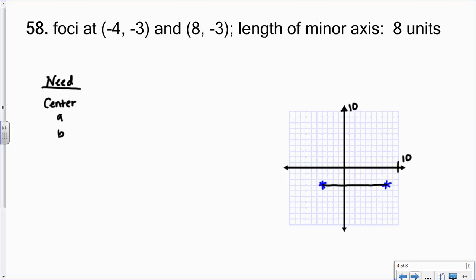That's 12 units. So half is 6. The center should be 6 units away from both foci. I make sure it's 1, 2, 3, 4, 5, 6 on the other side. So there's my center. The center is at 2, -3.